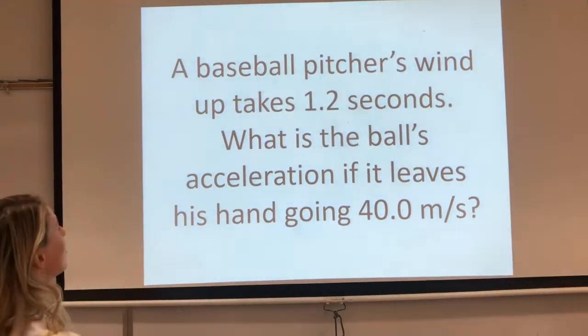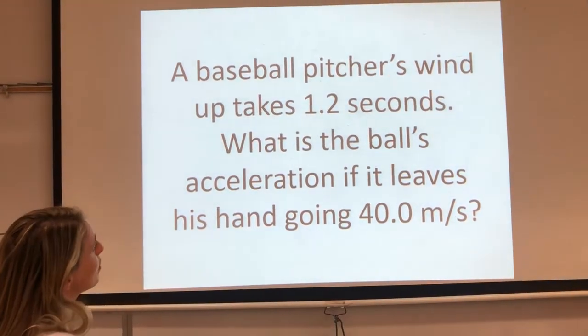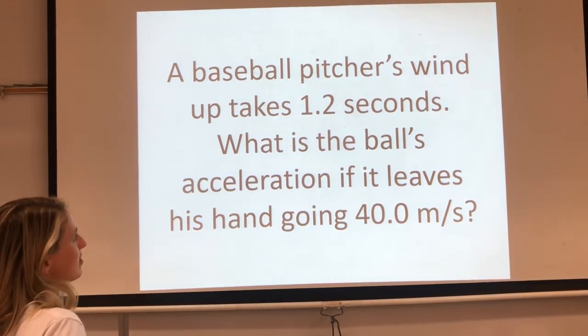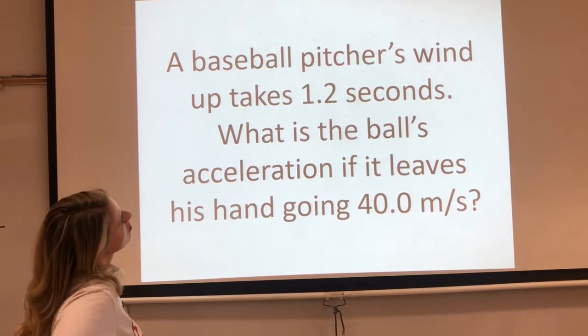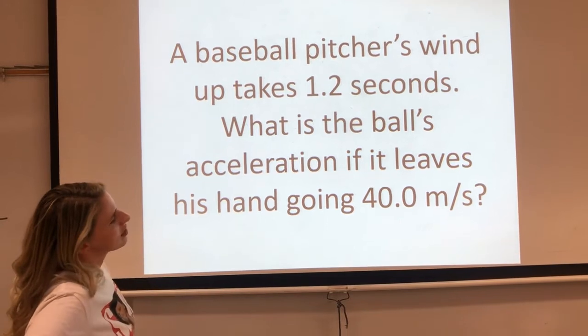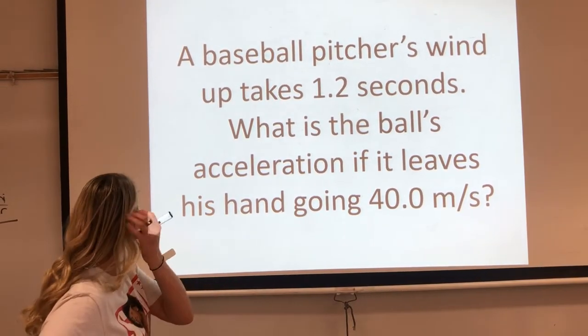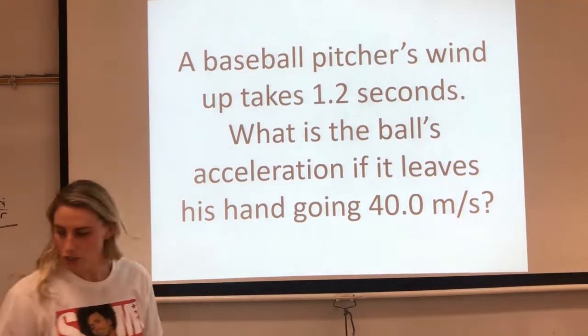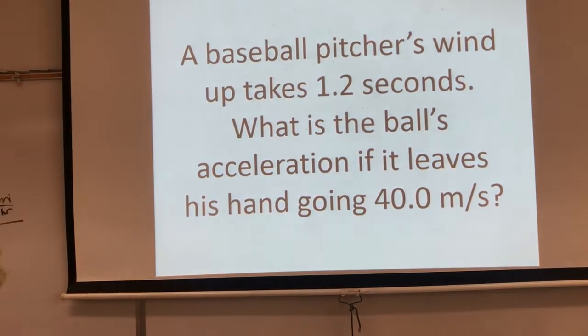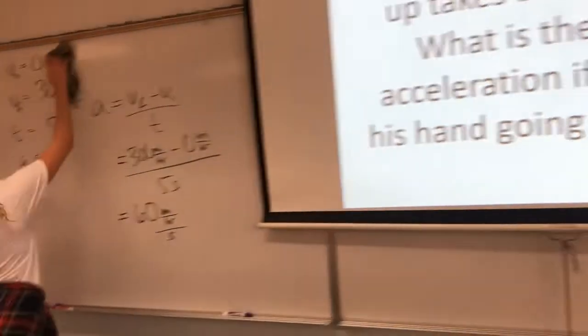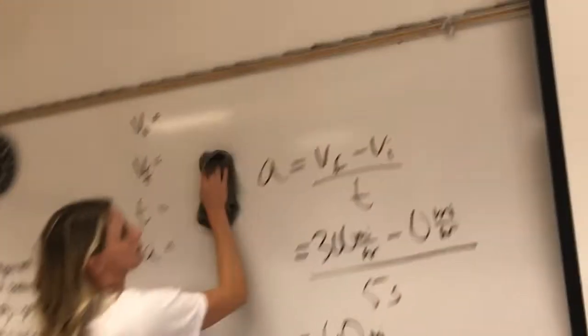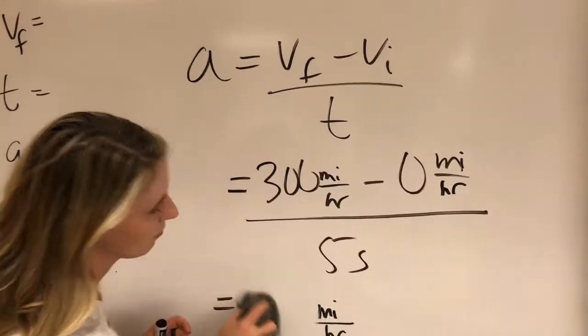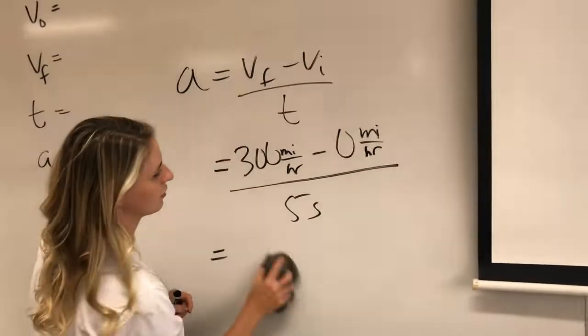Another one. A baseball pitcher winds up, takes 1.2 seconds. What is the ball's acceleration if it leaves his hand going 40.0 meters per second? We're talking about the same stuff? No, different units here.